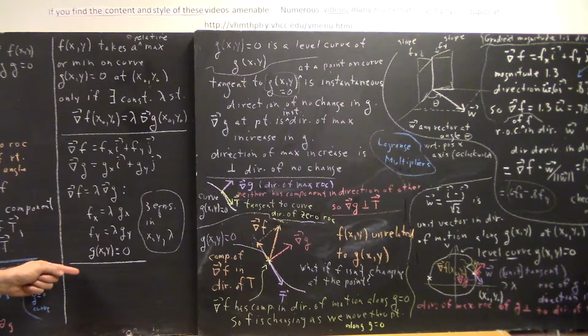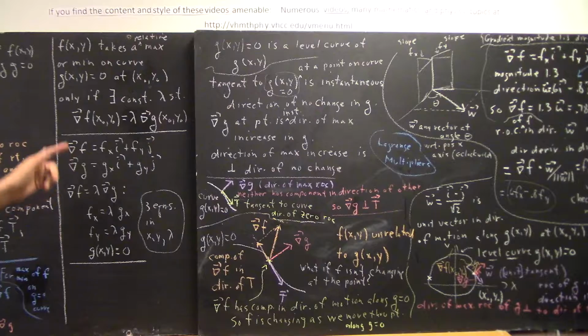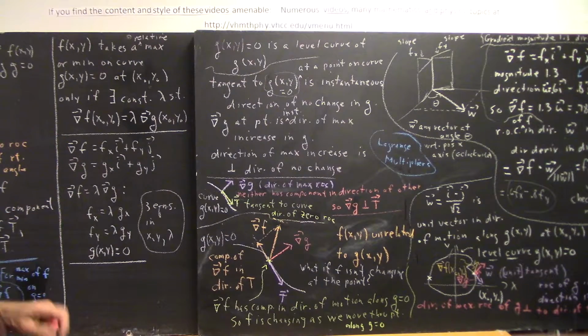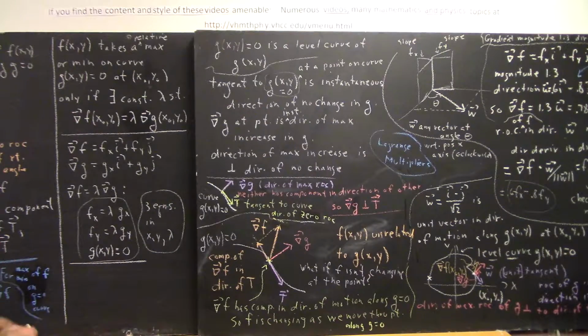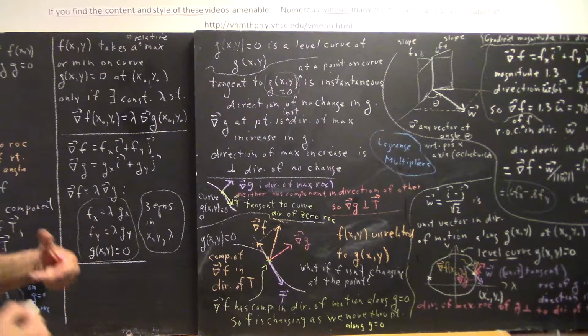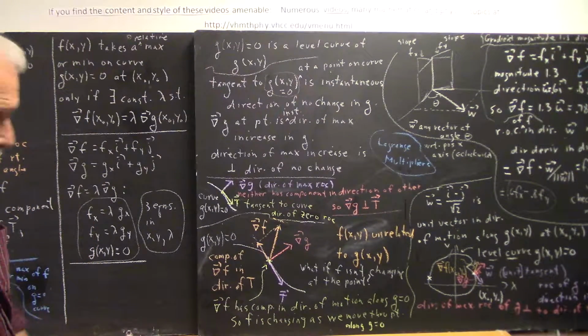So here's our test. Here is the Lagrange method. It's just these three equations. But of course, remembering to write down these three equations and solve them doesn't mean that you understand what they mean. It means you can get the right answer if you happen to have a question that says use Lagrange multipliers to find this.